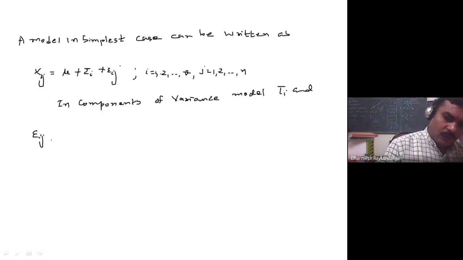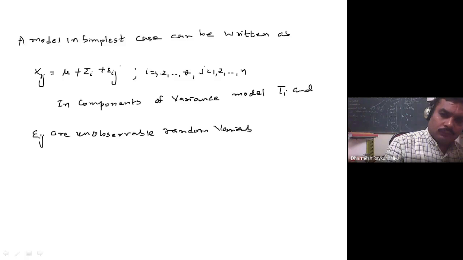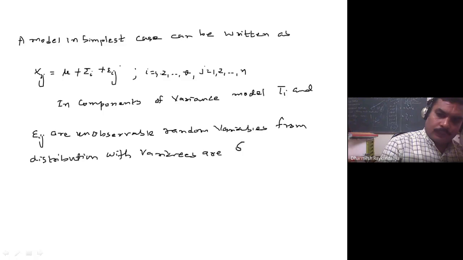But in the component of variance model, tau_i and epsilon_ij are unobservable random variables from a distribution with mean 0 and variances sigma tau square and sigma epsilon square respectively.